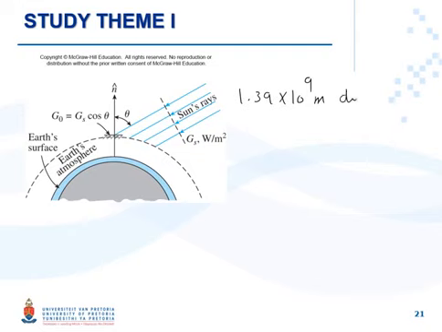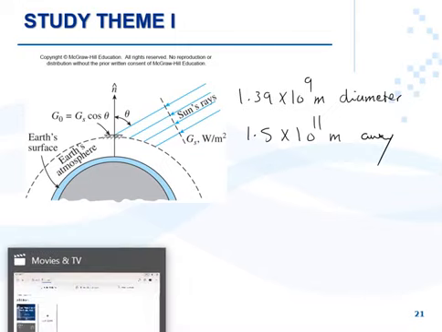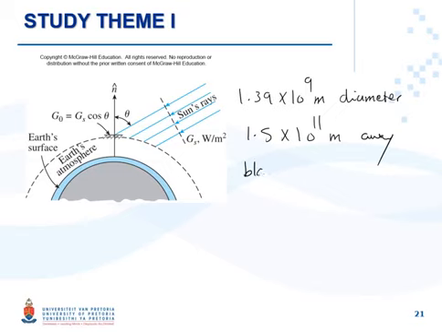That's the diameter, and it is located 1.5 multiplied by 10 to the power of 11 meter away from us. It emits approximately as a black body, so we consider the Sun as a black body at a temperature of 5,780 Kelvin. More or less at the same temperature.